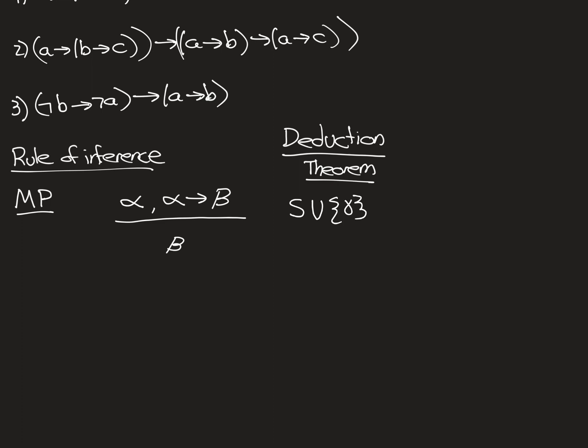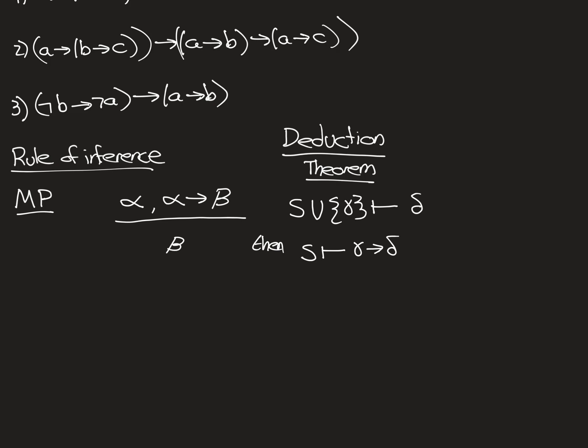So S union gamma, so we put in this other premise, gamma, if that is able to prove, so this is the symbol for is able to prove with our Hilbert style proof, if it's able to prove delta, then if you just have S alone, S is able to prove gamma implies delta. So this is the deduction theorem. Stated, if it's the case that this is true, then this is true.